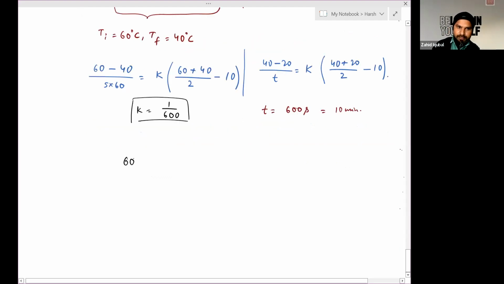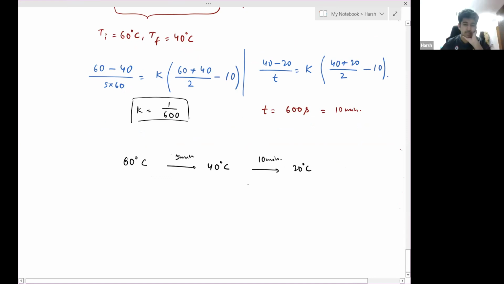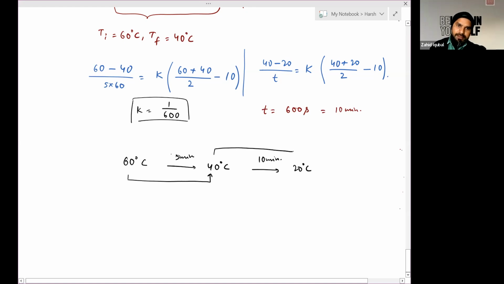Now, let me explain from this part. Initially, we have a body at 60 degrees Celsius. In 5 minutes it becomes 40, and further to 20 degrees Celsius, it has taken 10 minutes. So just see the amount of change in temperature in this part and in this part.